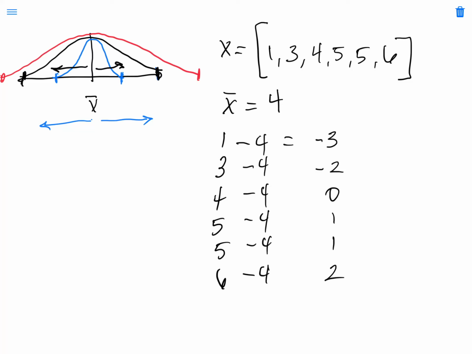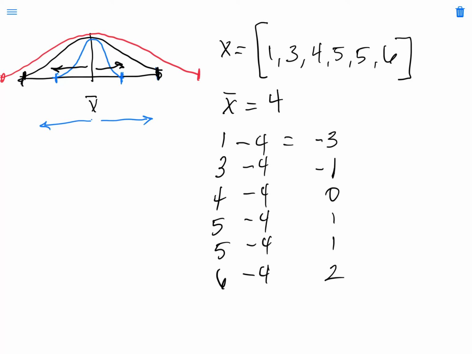Now the problem is if I add these up, they are going to cancel each other out, and the answer will be 0, right? -3 and -1 is -4. 2 plus 1 plus 1 is +4. They're canceling each other out, and we have zero.